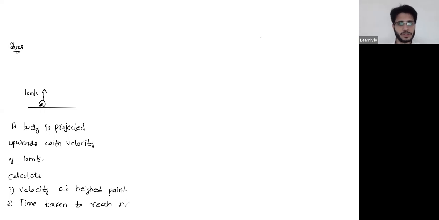Third, displacement covered up to highest point.